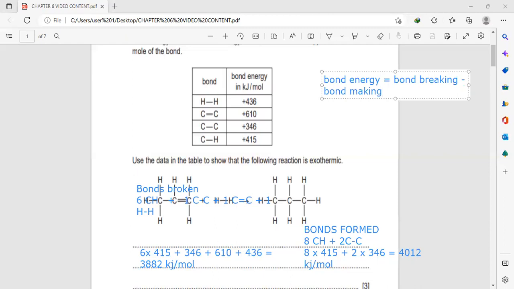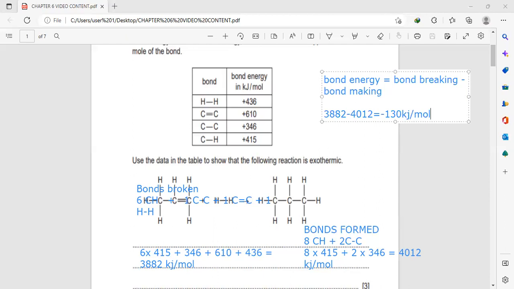So substitute the values: 3882 minus 4012. The answer will come minus 130 kilojoules per mole.